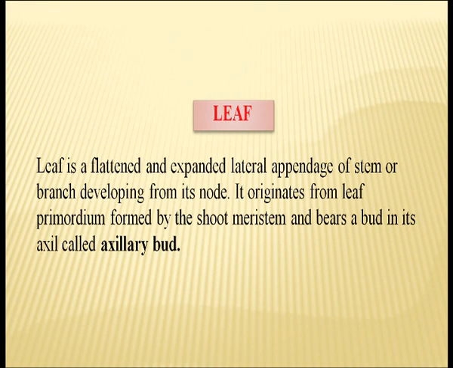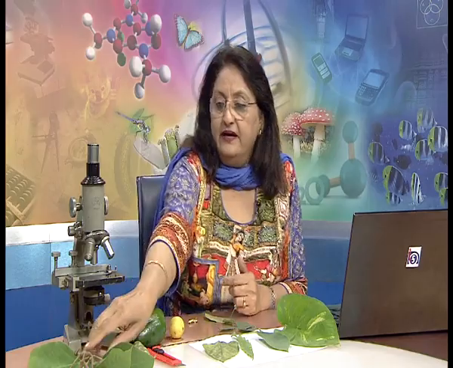It originates from leaf primordium formed by the shoot meristem. See, if you remember, shoot has its cells on the apex which have meristematic ability. Meristematic ability means they are capable of division and they bear a bud in its axil called axillary bud. From here the leaf develops, all right.